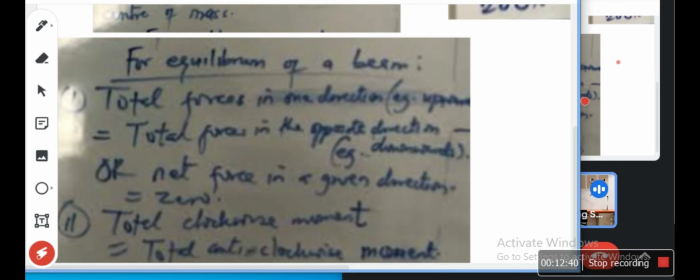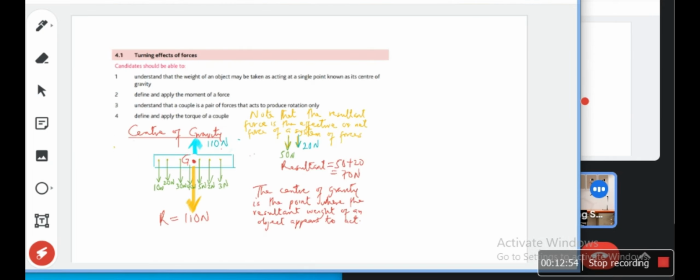For an object to be in equilibrium, total forces in one direction must equal total forces in the opposite direction. That's exactly what happened in the figure I gave you. If you apply 110 Newton upwards, it is exactly equal to the force acting in the same axis, which of course is gravity.